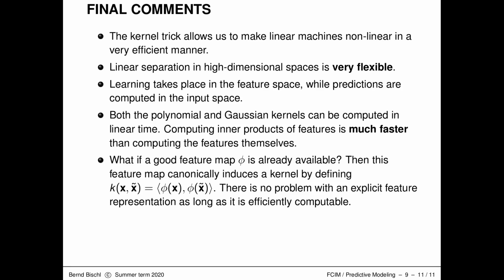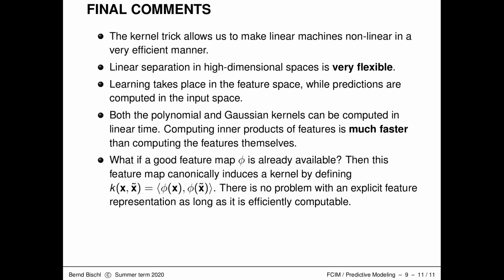Some final comments. As we discussed now, this kernel trick allows us to basically turn linear machines into nonlinear ones in a quite efficient manner. So this trick that we used here to turn the linear SVM into a nonlinear one, we can also basically apply to any type of linear algorithm. For example, you could very well also kernelize logistic regression. You could also actually get a nonlinear probabilistic classifier.